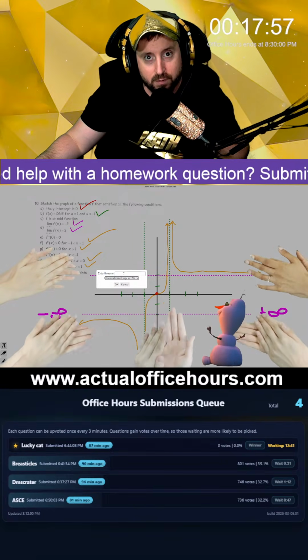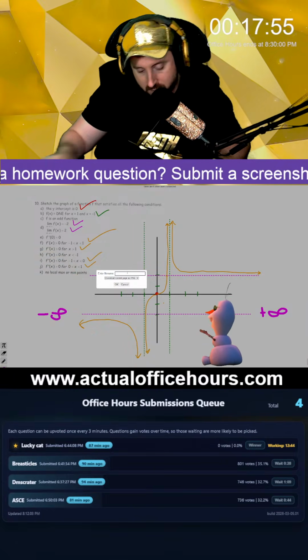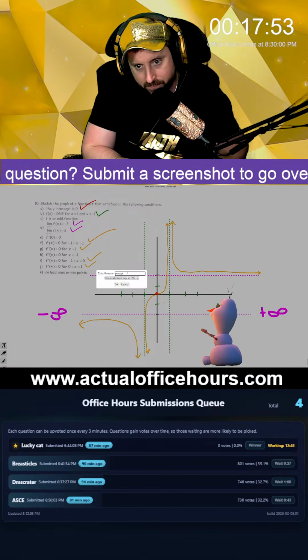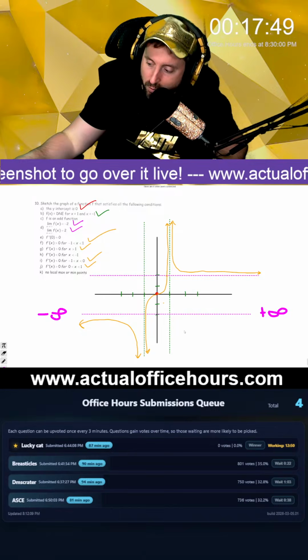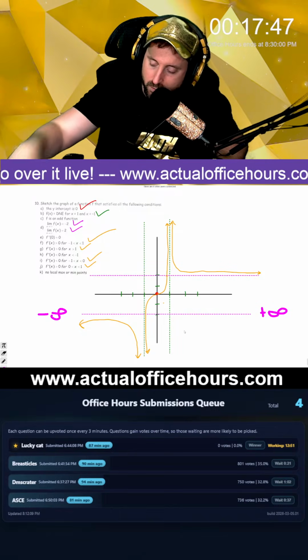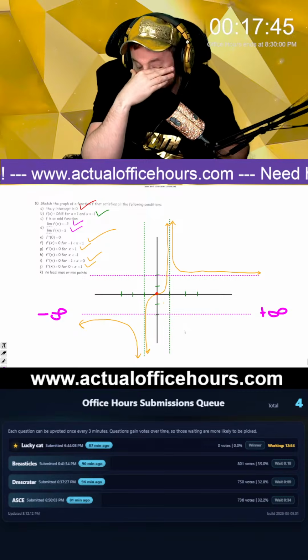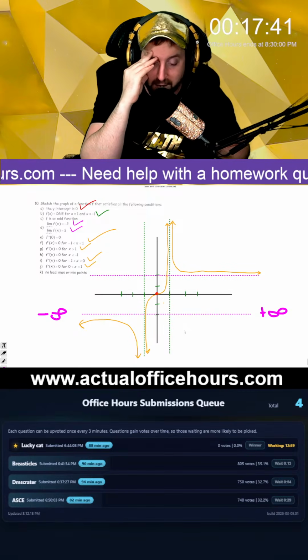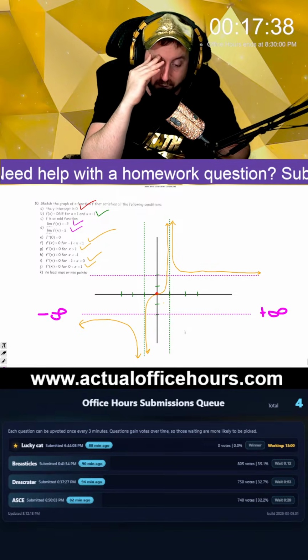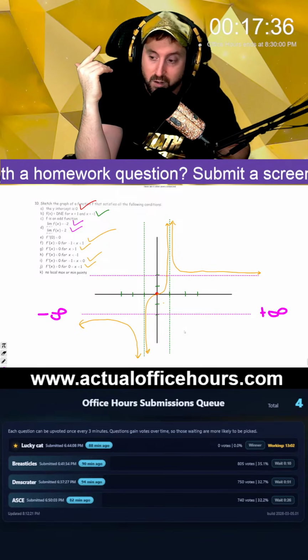Is there any tips you can give for this topic, concavity and inflection? I think it's important to know that, for instance, concave down is associated with maxes, concave up is associated with minimums.